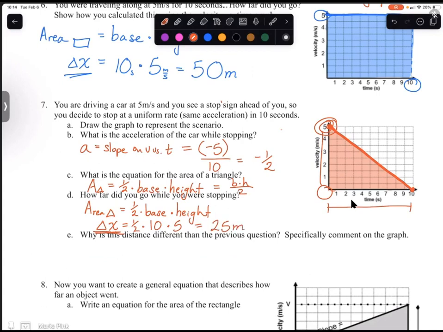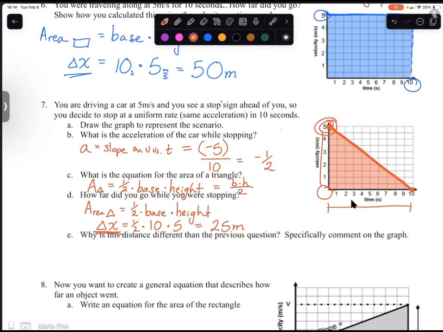Why is this distance different than the previous question? Well, if you think about it in real life, if you have two cars and one of them is driving along at a constant speed the whole time, and the car driving next to him that was originally going the same speed, all of a sudden decides it's going to slow down and stop. The one that keeps driving at a constant speed is going to go a lot farther than the one that's stopping.